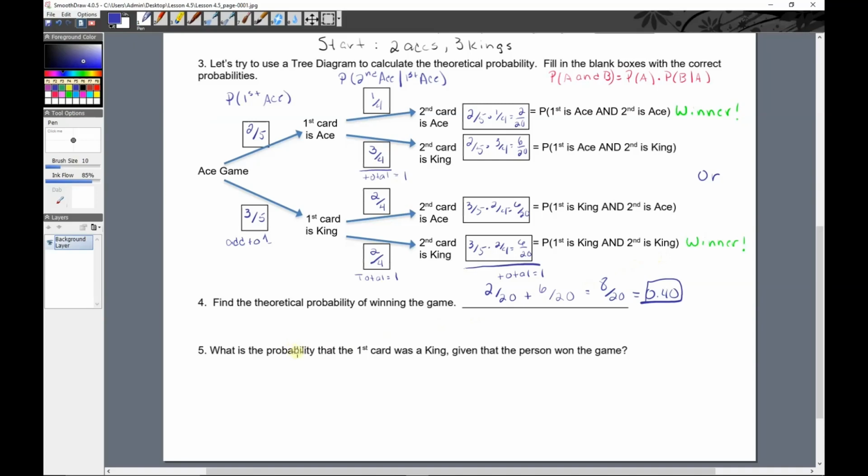Okay, what's the probability that the first card was a king, given that the person won the game? Let's put this into symbols. This is the probability first is a king, given that person won.